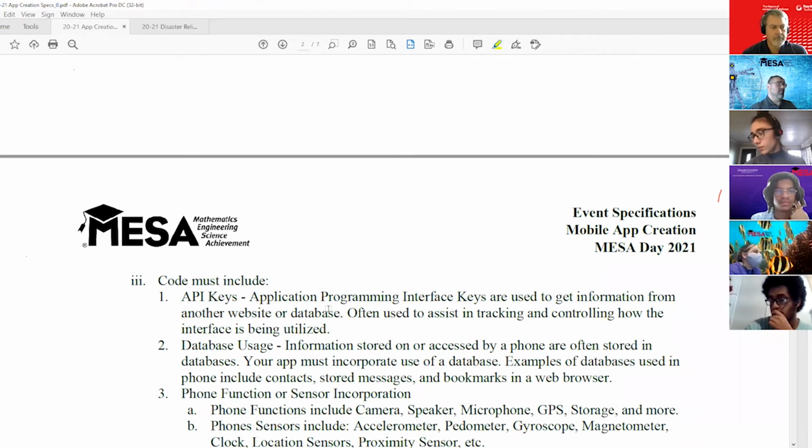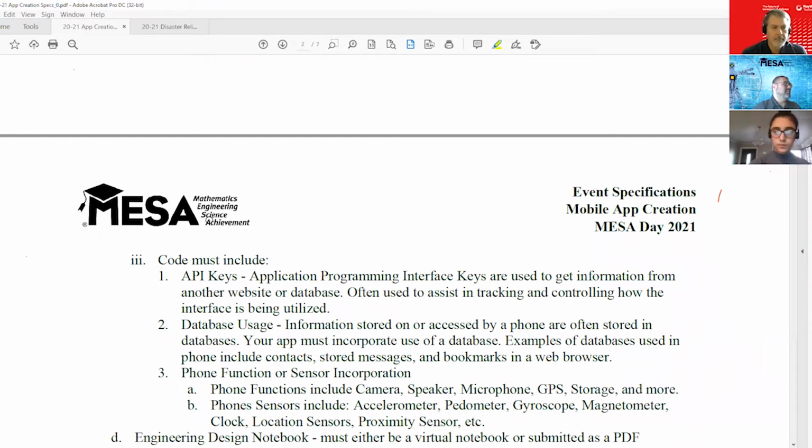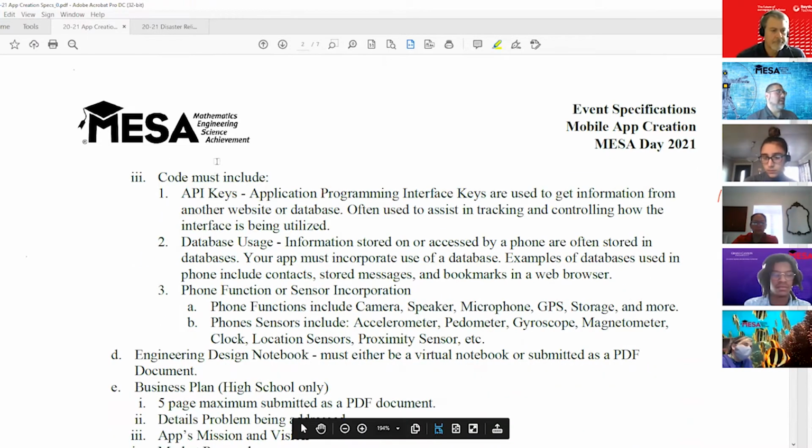So, the things that we're going to be looking for in your code. I know a little bit about these, and other folks on the call could talk more about them if you have questions. These are the key pieces of the code. There are the API keys, which are application programming interface keys.